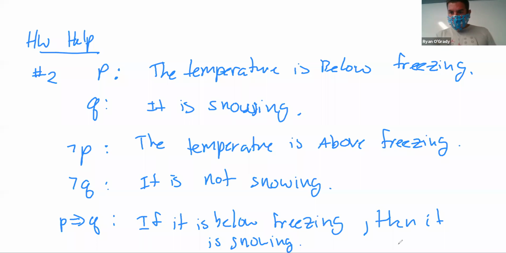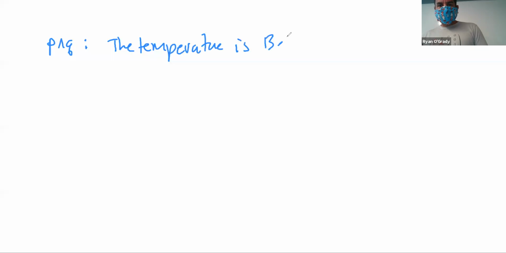Okay, now let's get to the big fun, which is F. Actually, let's do one more. We'll build to it. So let's look at P and Q. What is P and Q? Well, this means the temperature is below freezing and it is snowing.